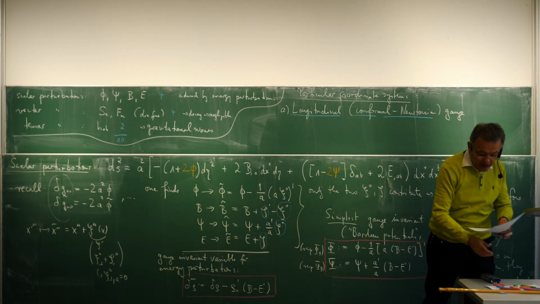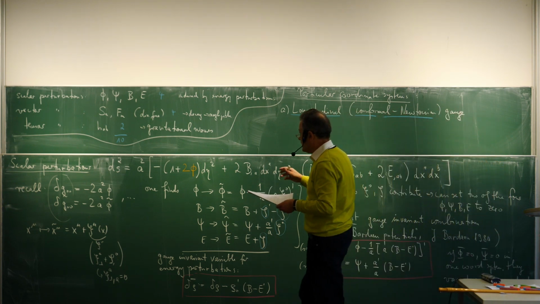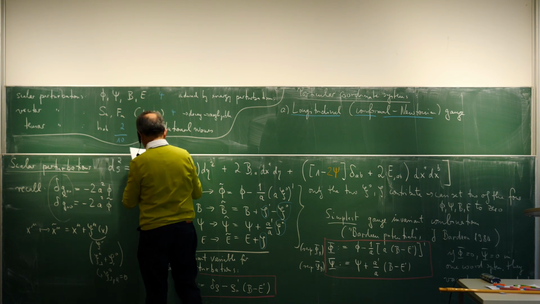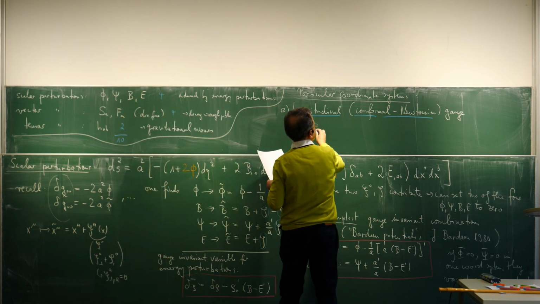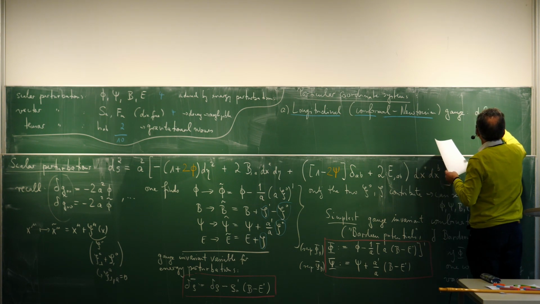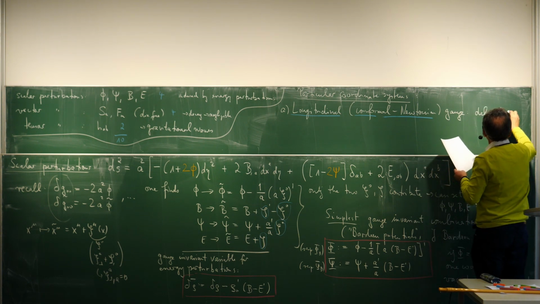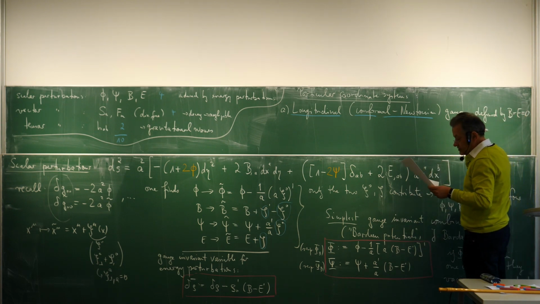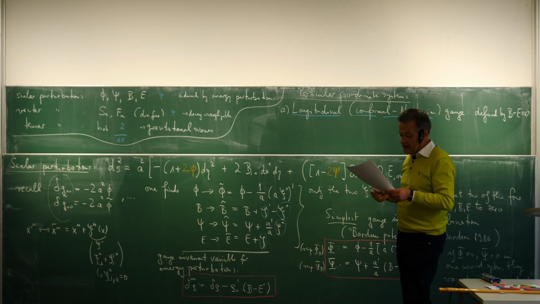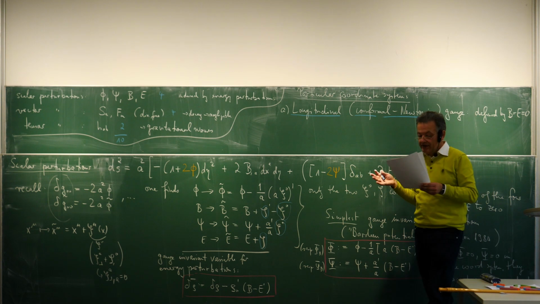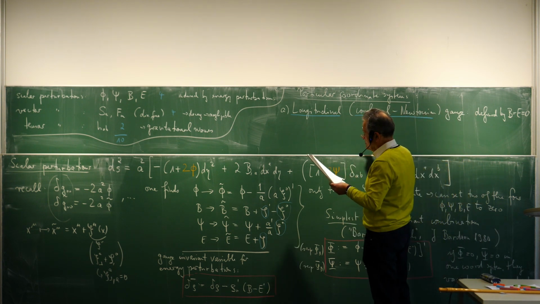And how is it defined? It is defined by setting 2 of the 4 to 0, in this case setting B and E to 0. Longitudinal means there are no transversal degrees of freedom, so in particular no vectors and tensors.